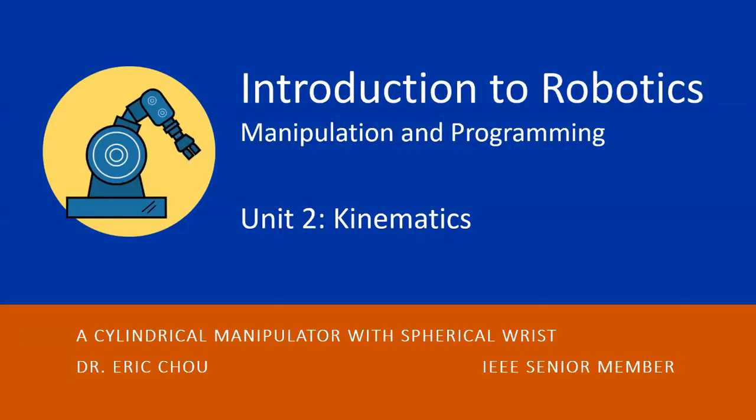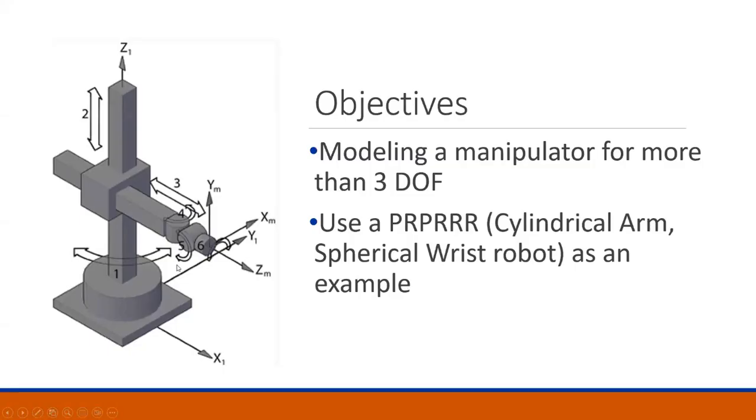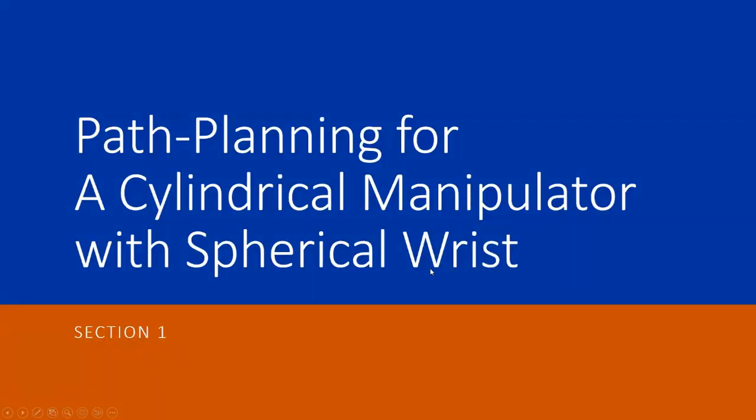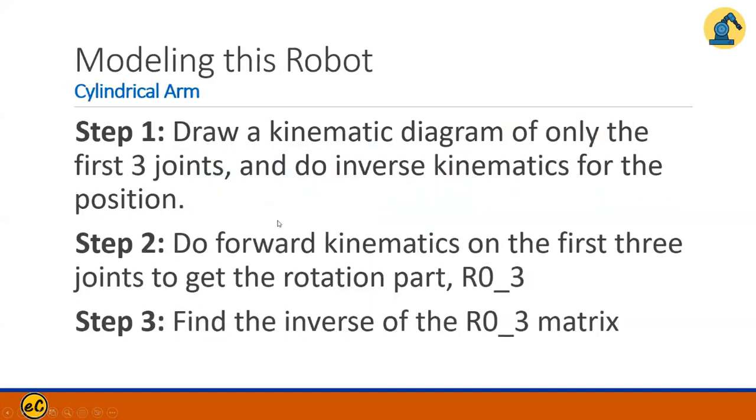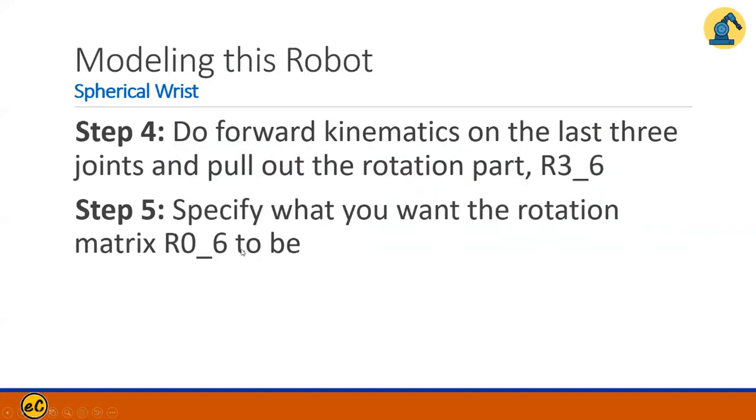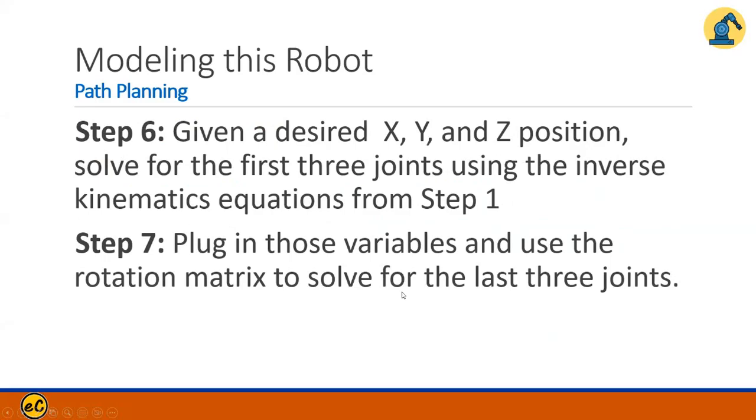This will give you the whole idea of what you have learned in this course: the mathematical modeling of a cylindrical manipulator and spherical wrist. There are two parts, arm and wrist, and we separate them to do analysis. The whole 7 steps are described here.